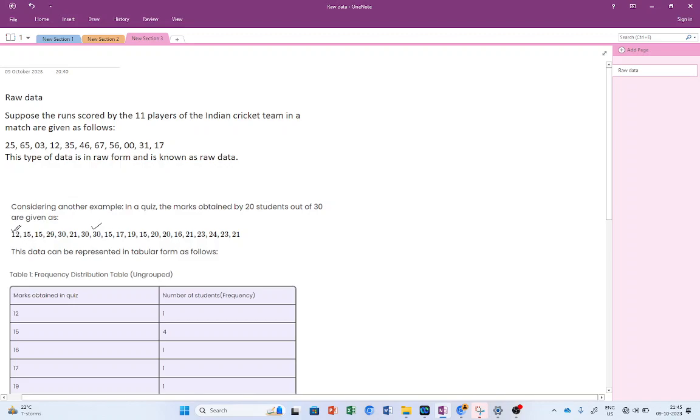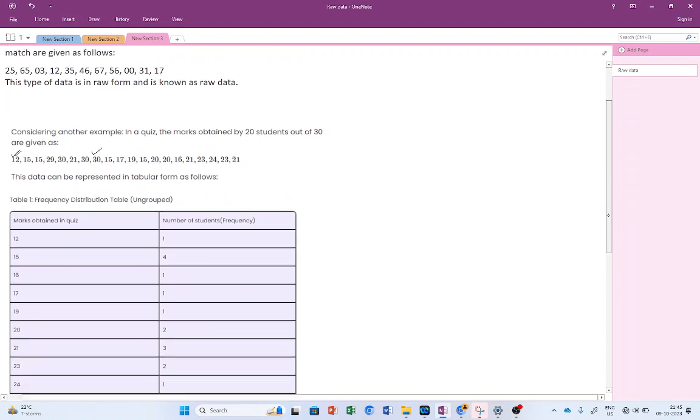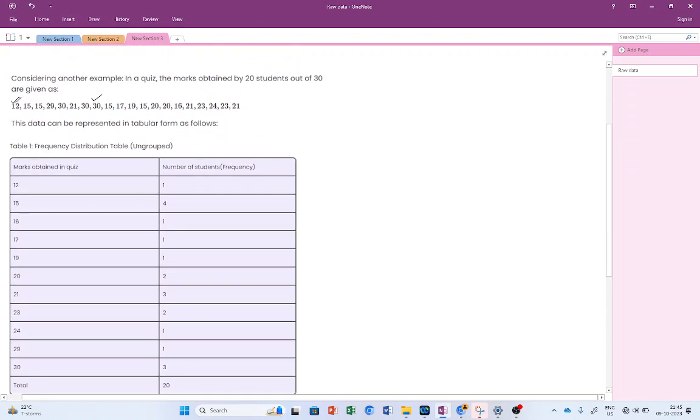Now what we do is arrange this scattered data in the form of a table. We split it into two columns: one is marks obtained in the quiz, another is number of students. For mark 12, there is only one student who scored 12 marks.